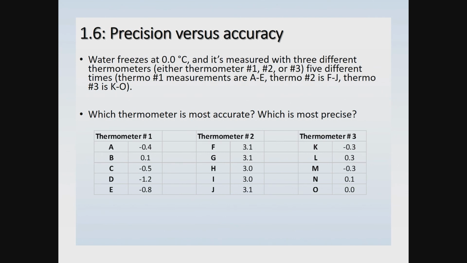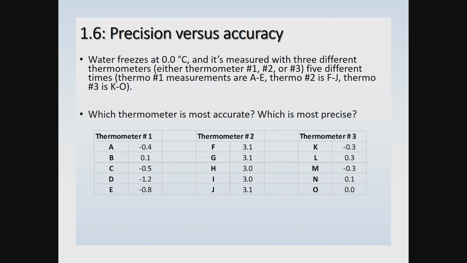So if you look at these carefully, thermometer number 2, you can see that all those values that we got are around 3 degrees, which is far off from 0 degrees, so that is probably the least accurate. Thermometer number 1, they all are closer to 0.0 degrees, but most of the measurements trend in the negatives. Maybe the average there may be something like negative 0.5 degrees.